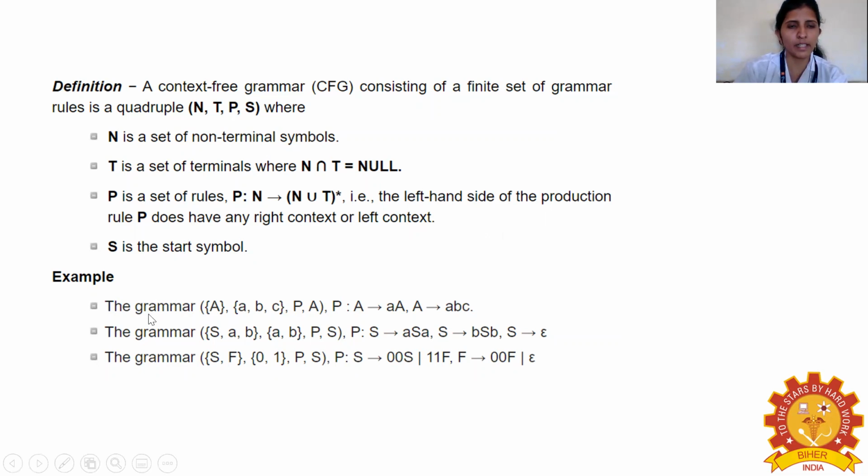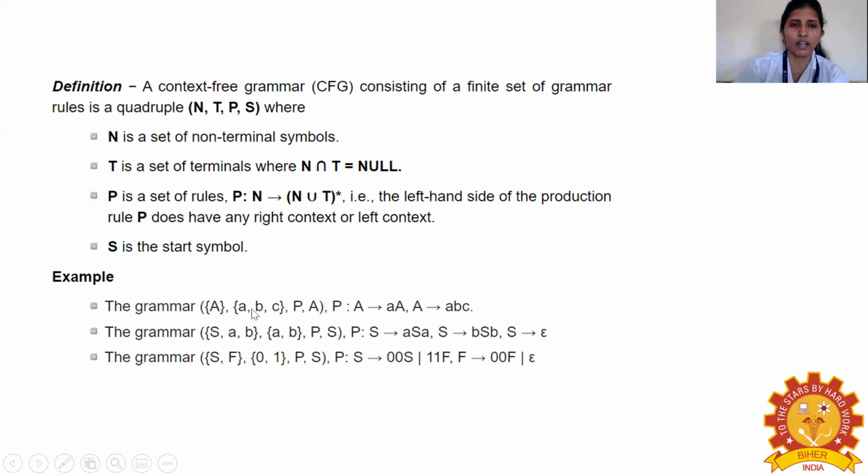Say for example, we consider this grammar: A, B, C, P, A. The first one is the set of non-terminal symbols, and the second set is nothing but the set of terminals, and P is the set of production rules, and A is the start symbol.